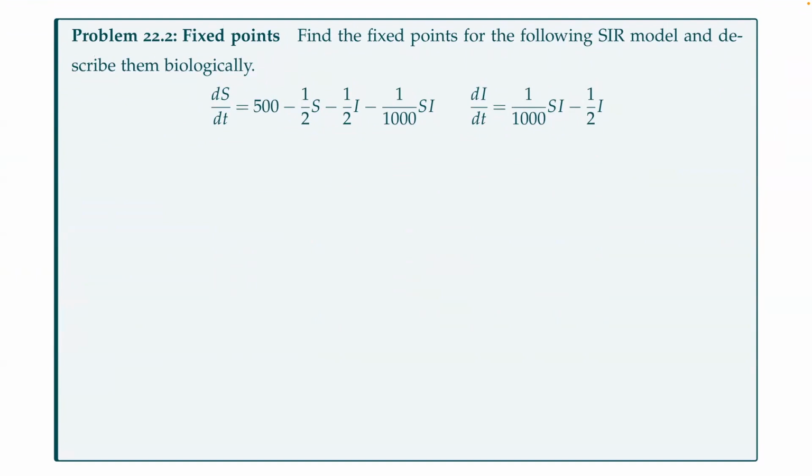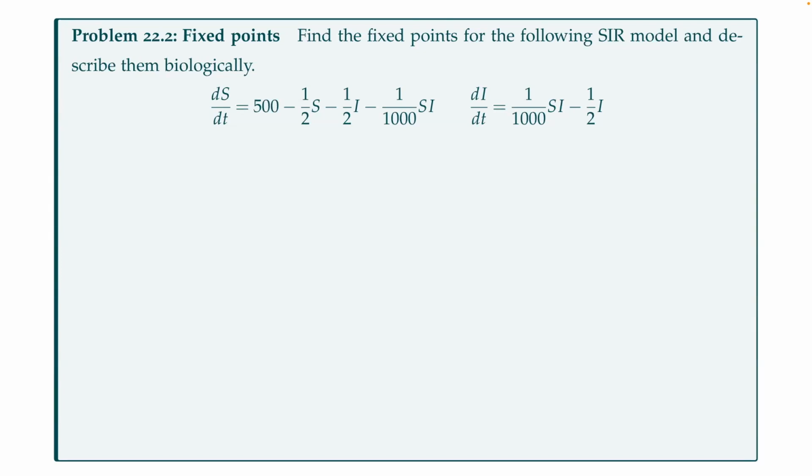Can someone remind me? Come on, guys, I know you can talk. We need to set one equation and then the other equation equal to 0. This is just like finding our null lines. When our null lines intersect, we have equilibria, so we need both dS/dt and dI/dt equal to 0.